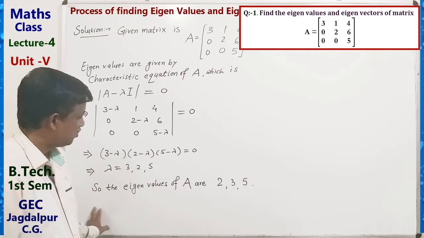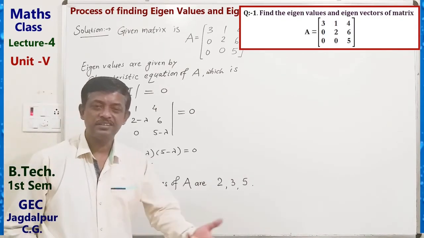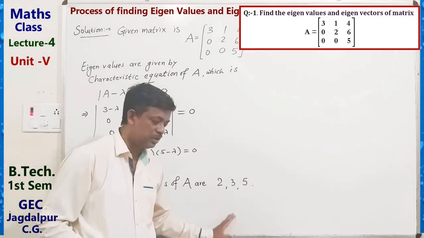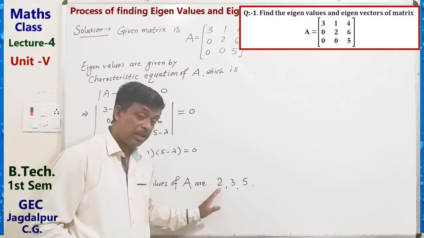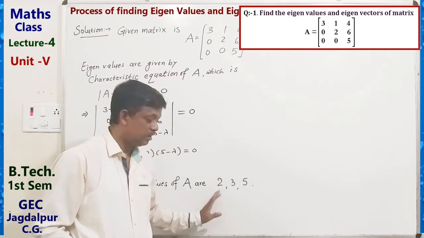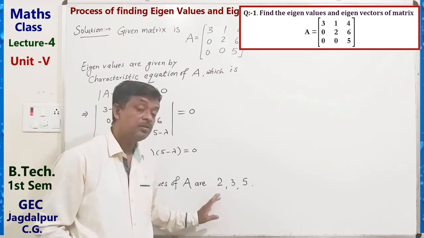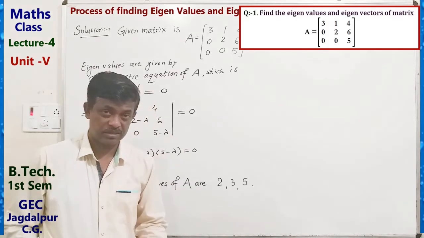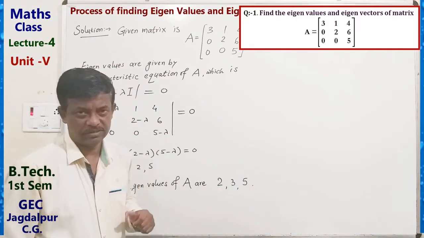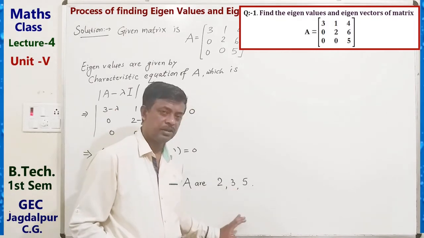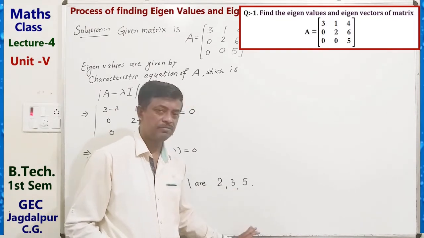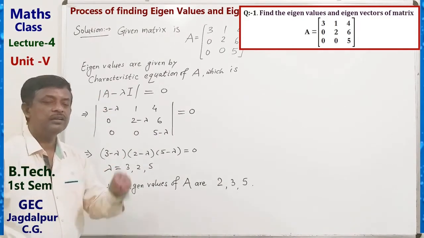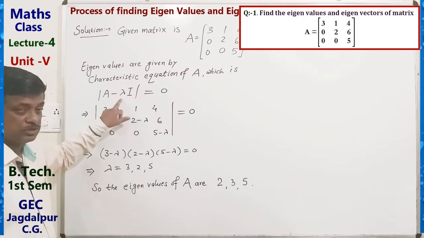So we can get distinct linearly independent eigenvectors, one corresponding to 2, one corresponding to 3, and one corresponding to 5. But corresponding to every eigenvalue you can get infinitely many eigenvectors. Okay, so this is the process of finding eigenvalues from the characteristic equation.